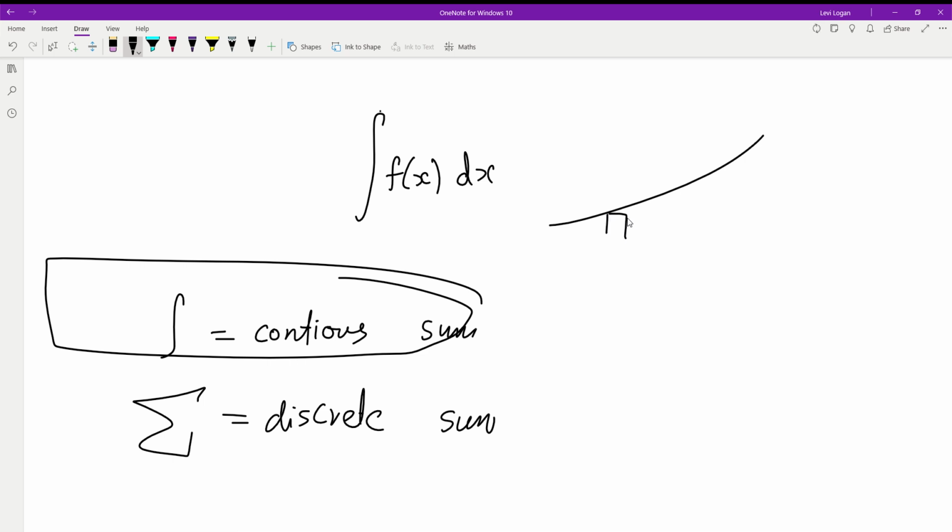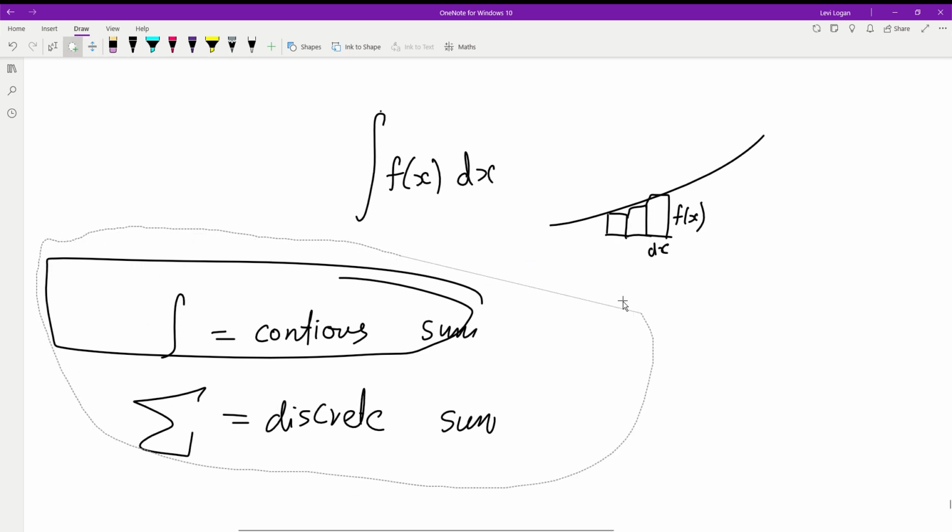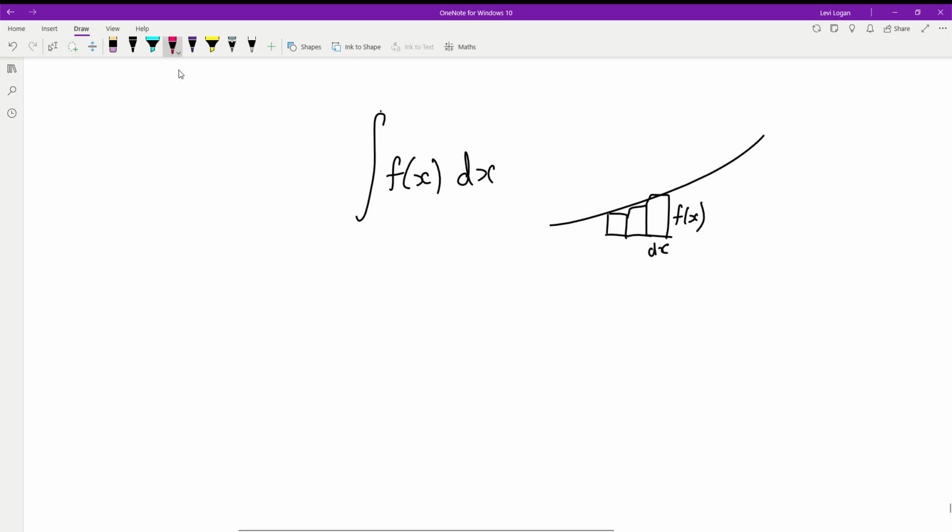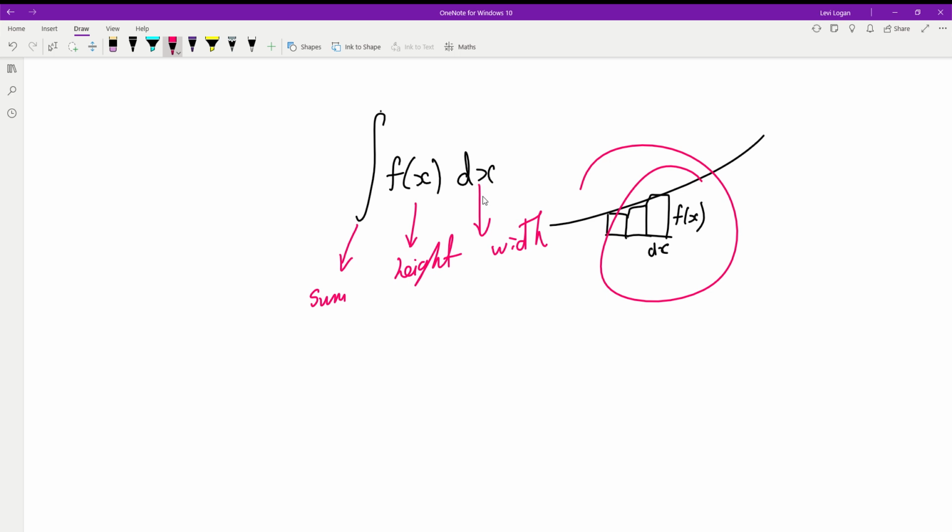We're adding up a bunch of rectangles with heights of f of x, and their widths are little changes in x because h goes to 0. So they're all dx's. So what we're actually doing, if I delete that, is we're summing height times width. That's all we're doing over a continuous thing.